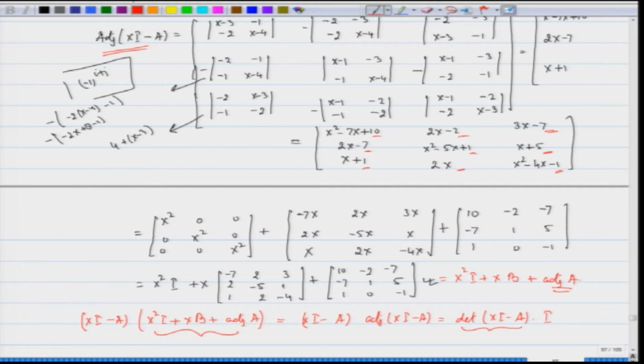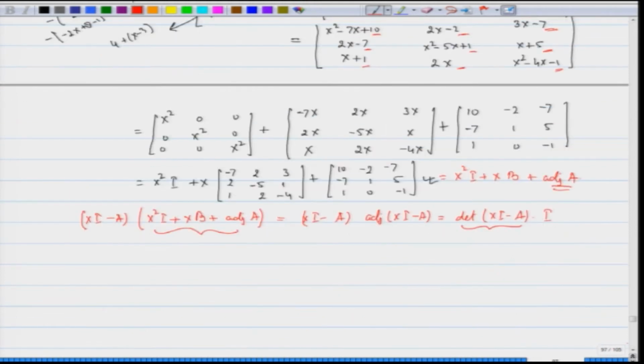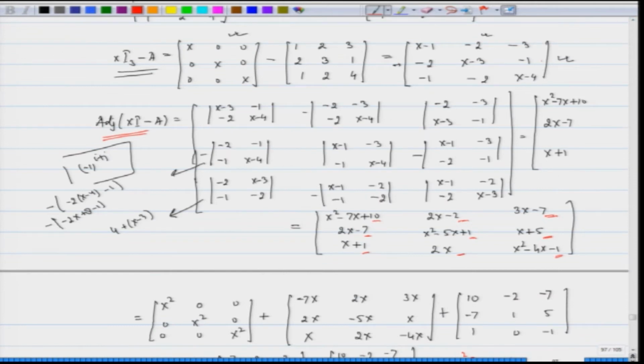So, let me calculate the determinant directly now. The determinant of this matrix is x minus 1 into x square minus 7x plus 10 that we looked at, then plus 2 times minus 2 of this, fine.